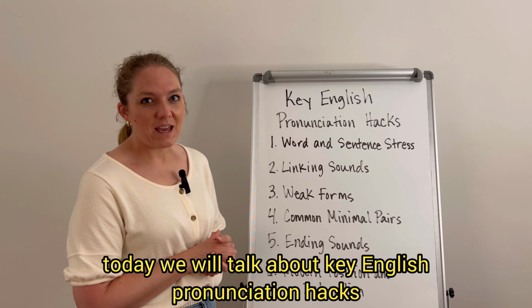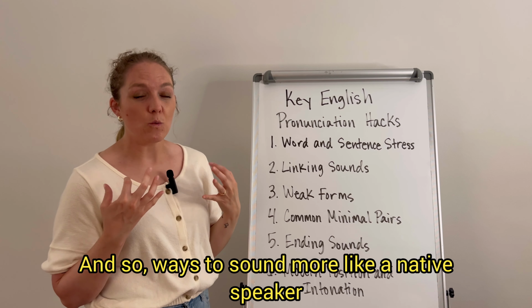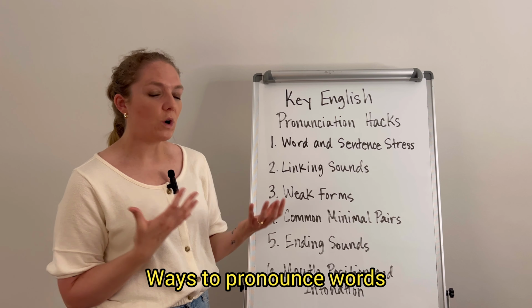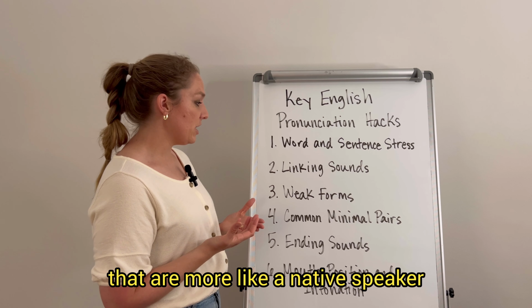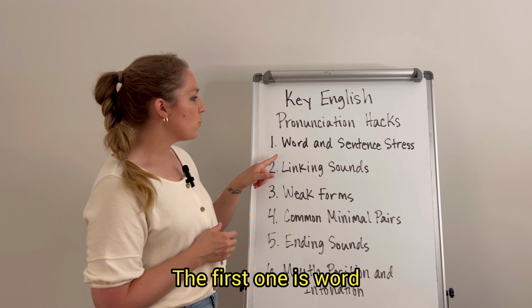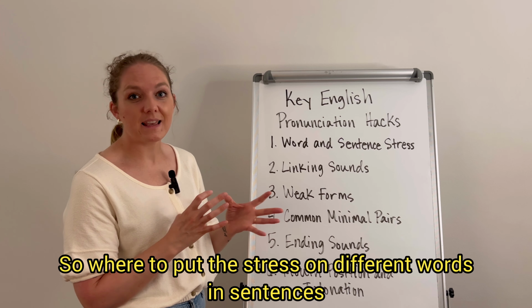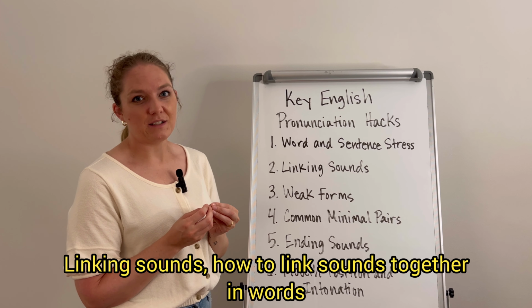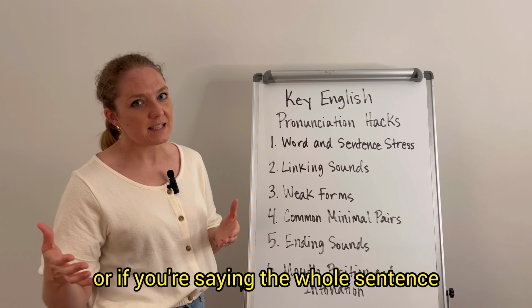So, like I said, today we will talk about key English pronunciation hacks. And so, ways to sound more like a native speaker, ways to pronounce words and sentences and phrases in English that are more like a native speaker. And so, there are 6 different things we will talk about. The first one is word and sentence stress. So, where to put the stress on different words in sentences. Linking sounds, how to link sounds together in words, depending on if you're just saying the one word or if you're saying the whole sentence.